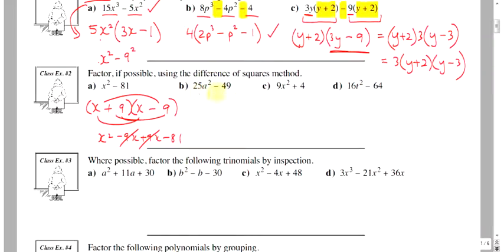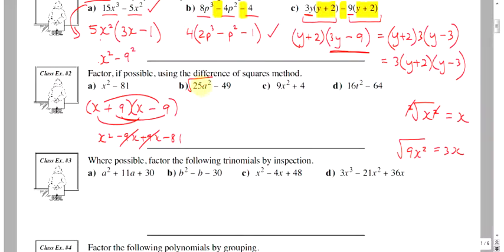Is this a difference of squares? Here's what you've got to ask yourself. Can you take the square root of it? Yeah, because remember, the square root of a perfect square is just the thing itself, because I can write that as 3 squared x squared.